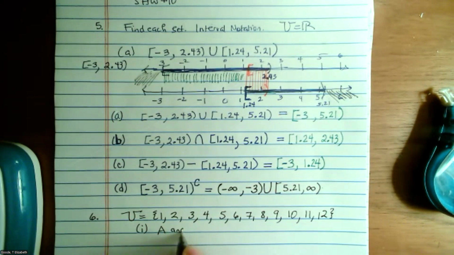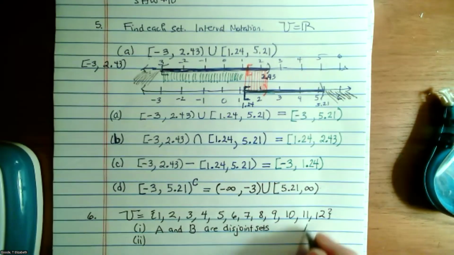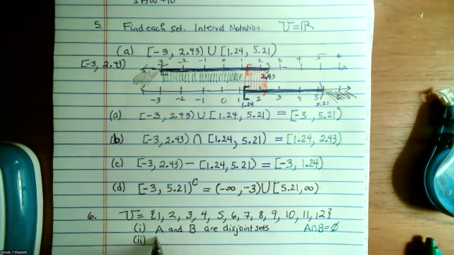A and B are disjoint sets. Do you know what that means? So they don't share anything. They don't share anything. Good. They have an empty intersection. That means A intersect B has to be the empty set. Good.